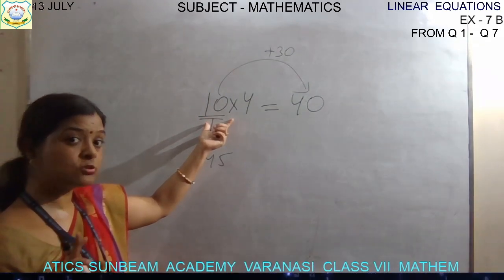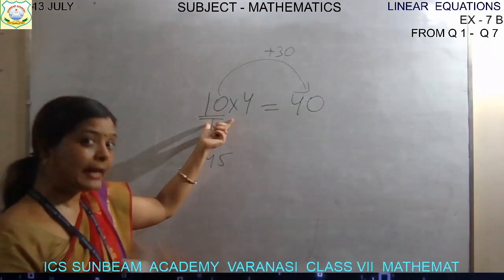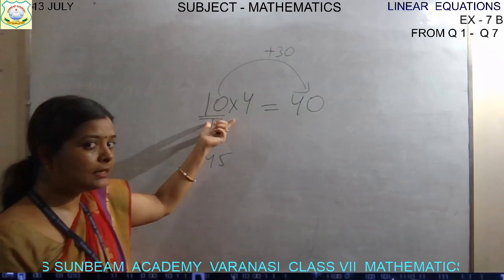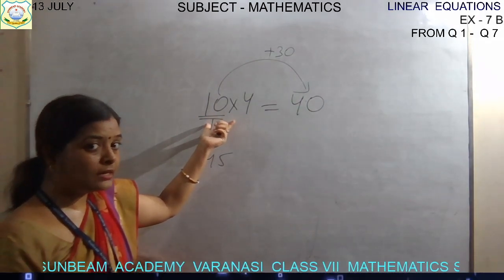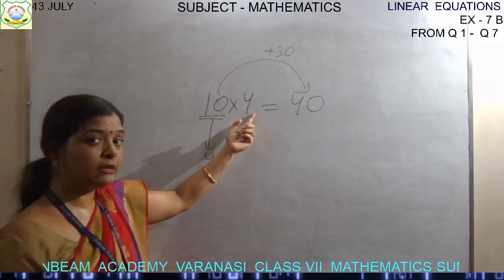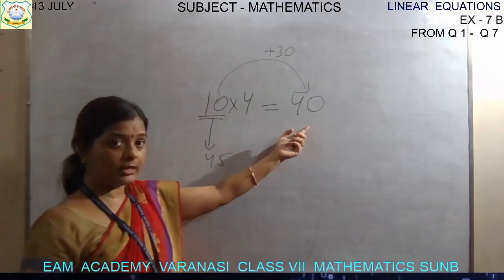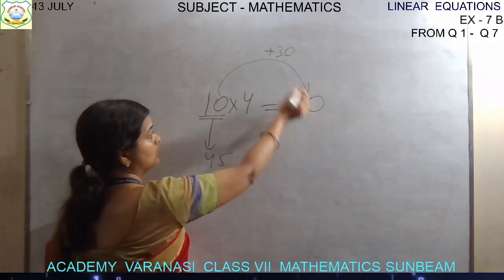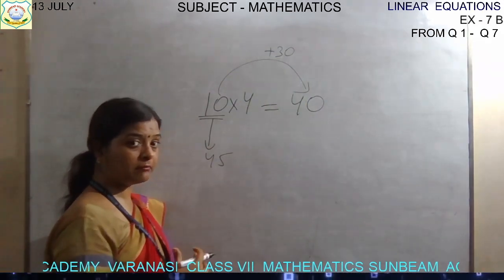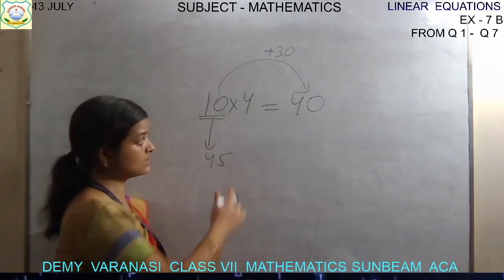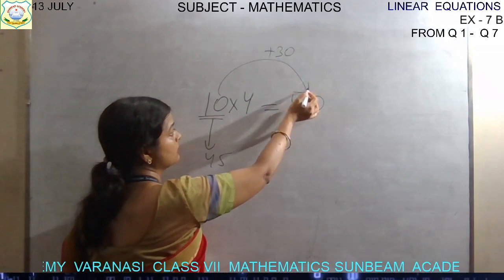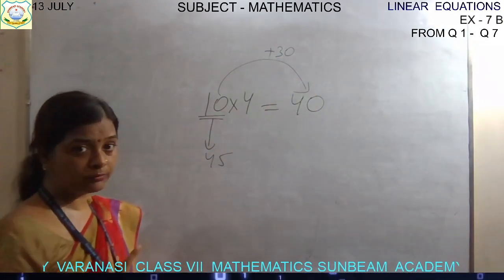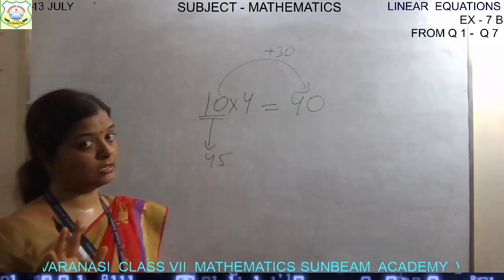Actually in the question it is not written, but I am taking it as an example that the number is 10. When you multiply it with 4, you will get 40. The answer is exceeding the given number by 30, not by 45. So definitely 10 is not the answer.